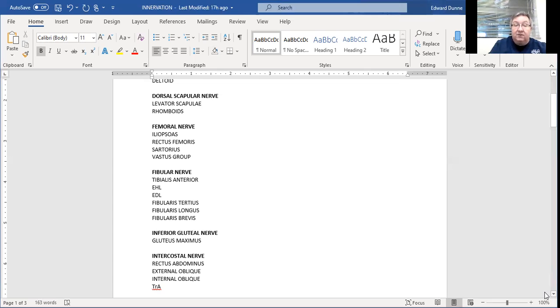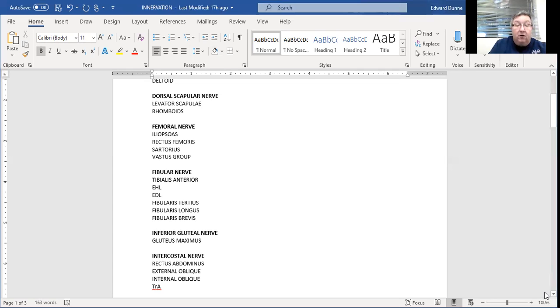It's those three muscles and the rectus femoris that make up the quadriceps group. So when you're thinking about the femoral nerve, you're thinking about all the muscles of the quads. You're thinking about the sartorius, which is a very superficial muscle, where the quadriceps group is deeper, and the iliopsoas, which is the strongest hip flexor.